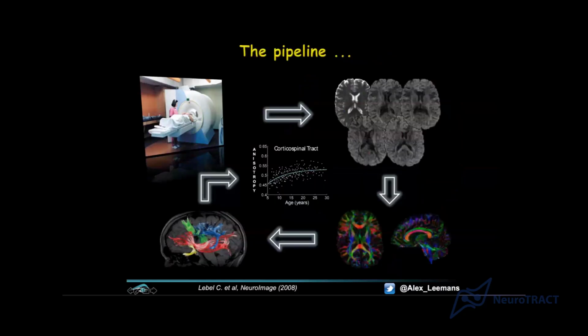Anyways, if you look at the entire pipeline from acquiring your data, choosing some approach like DTI, and nowadays there are many diffusion models, and then doing, let's say, tractography, some type of analysis to get your final statistical inferences, it's a long way, right?